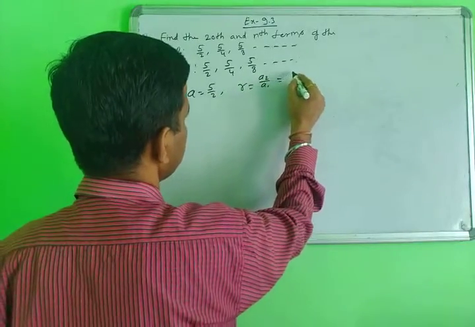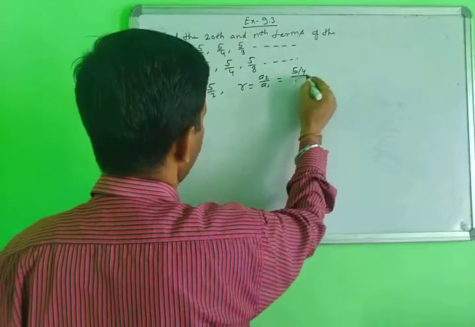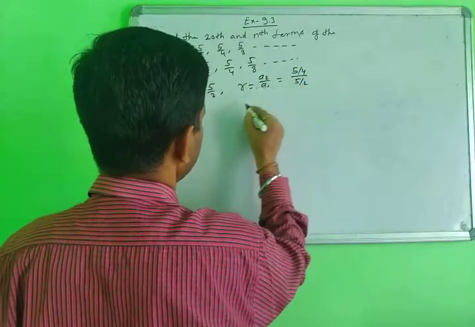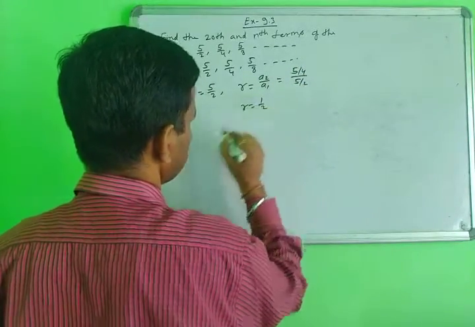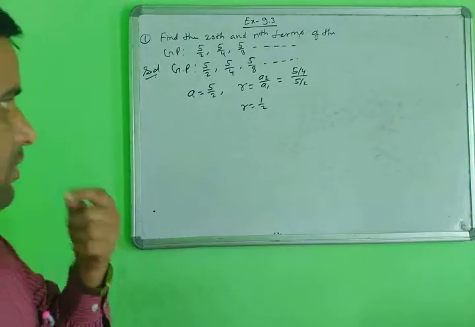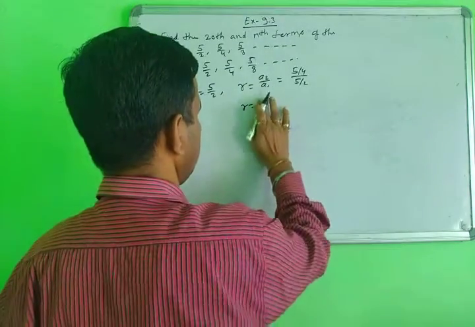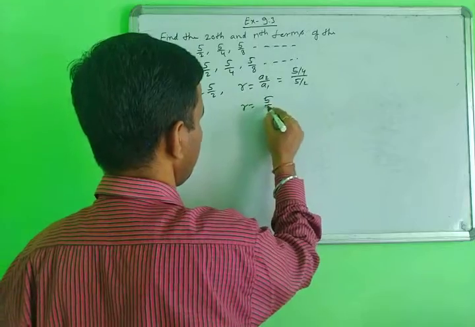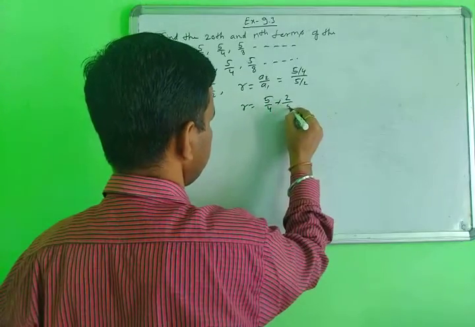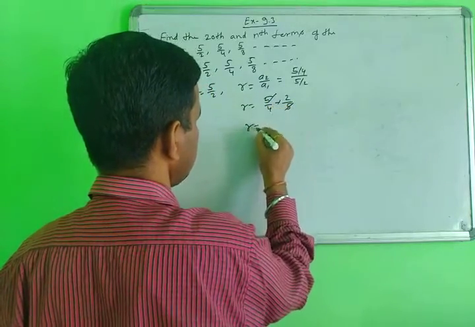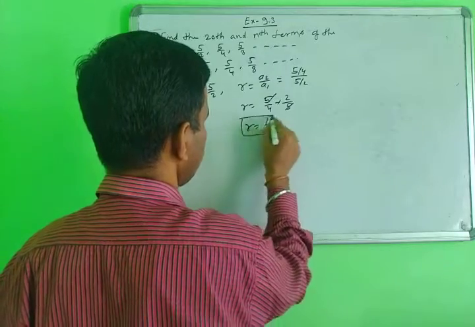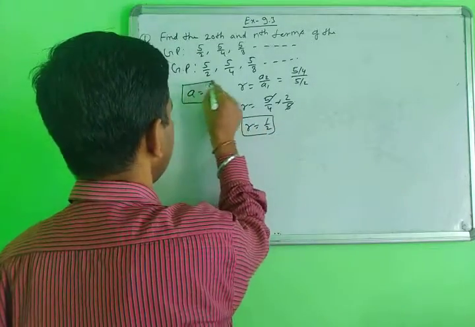So what is A2 here? 5 by 4 upon 5 by 2. The common ratio is 1 by 2. How to solve it? 5 by 4 into 2 by 5. 5 will be cancelled. What is the value of R here? 1 by 2. This is the value of R and this is the value of A.